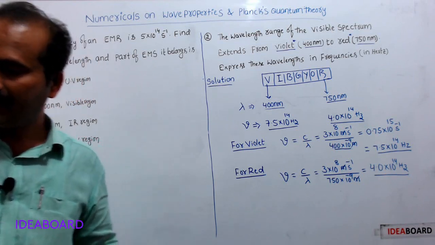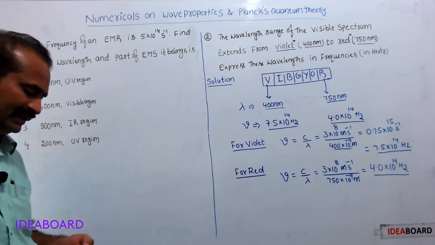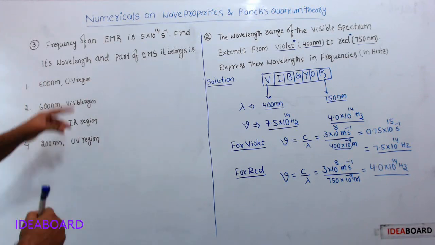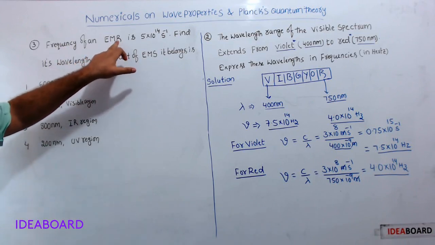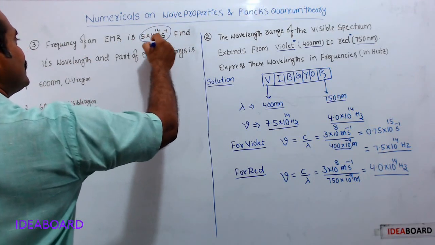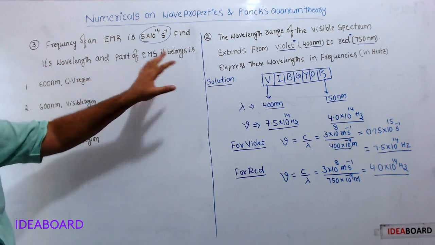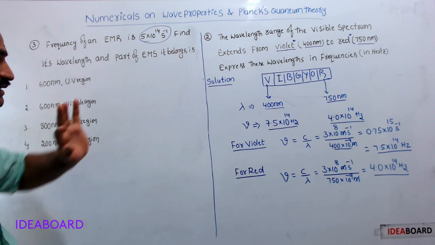Okay, come to the next problem, our third problem. What is given to us? The frequency of an electromagnetic radiation is 5 into 10 power 14 second inverse. Find its wavelength and the part of the electromagnetic spectrum it belongs to.